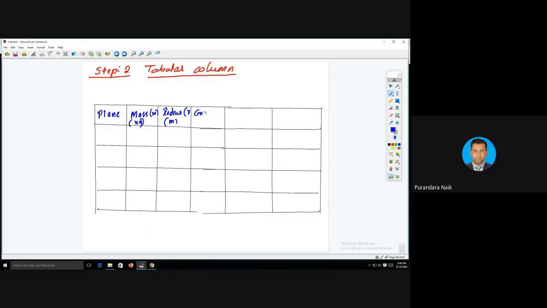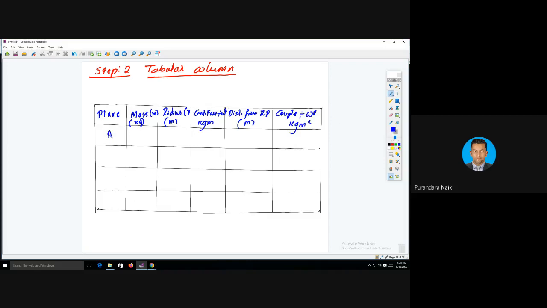Here this is centrifugal force divided by omega square, that is kg meter. Next is distance from RP, reference plane, meter. Last one is couple divided by omega square, kg meter square.